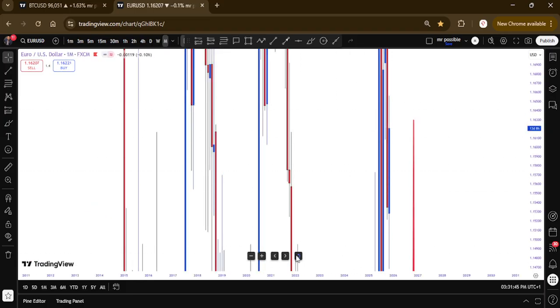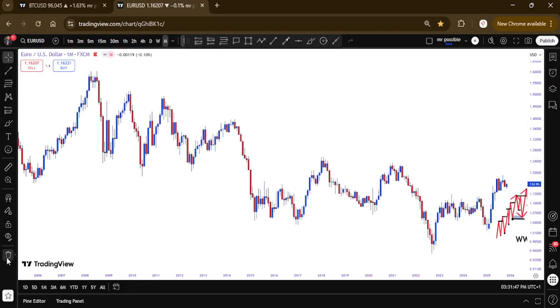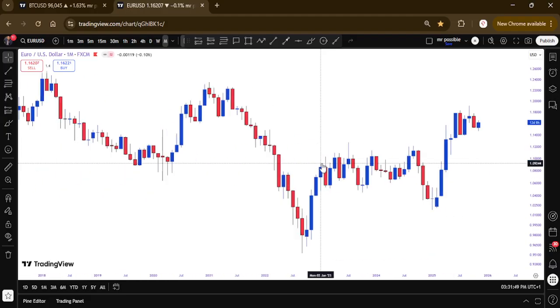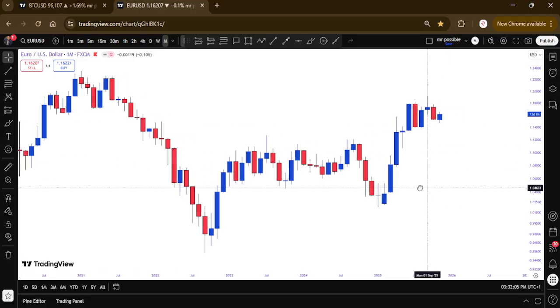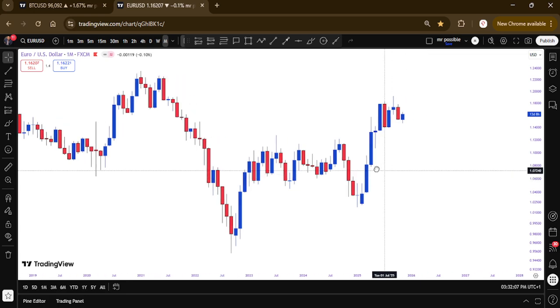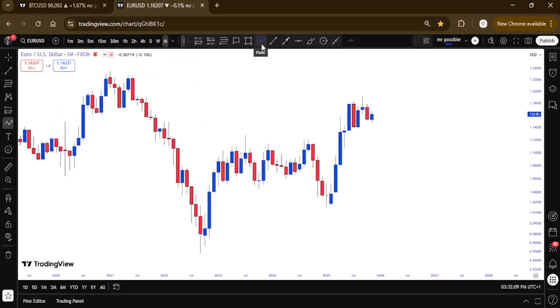In the monthly time frame, each of these candles represents a particular month in the year 2025. For instance, this candle here is January, the next candle is February, the next candle is March, and so on and so forth. So how do you know a support and how do you know a resistance?